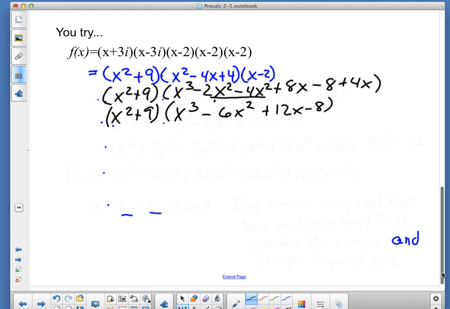I've got my x cubed times x squared, that's x to the 5th, plus 9x cubed, minus 6x to the 4th, minus 54x squared, plus 12x cubed, plus 108x.